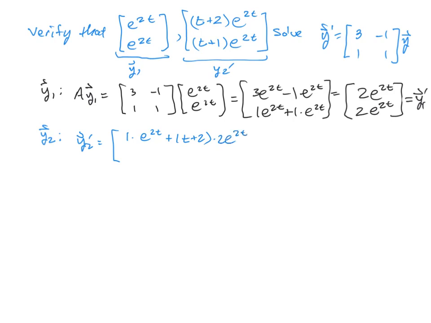For the second entry, derivative of the t plus 1 is 1 times the second plus the first, which is t plus 1, times the derivative of the second, e to the 2t.